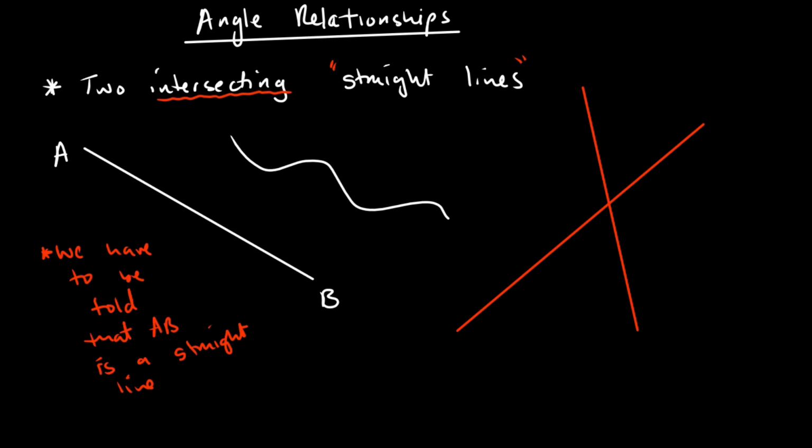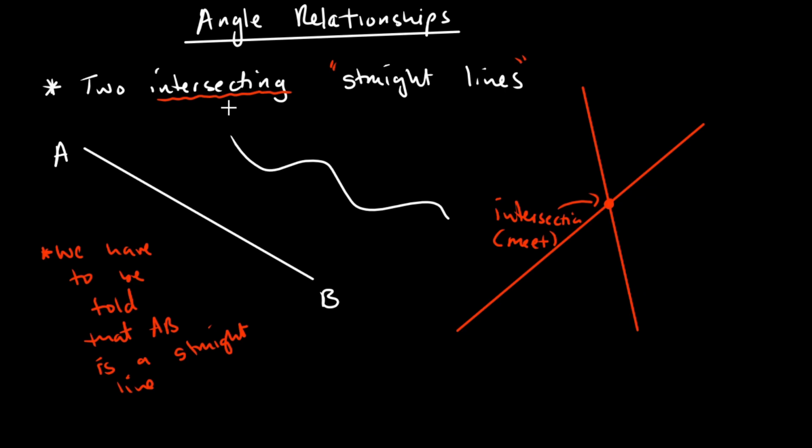Where they cross is called the point of intersection. They are intersecting at this point. In other words, to intersect is to meet. Where are these two lines meeting?